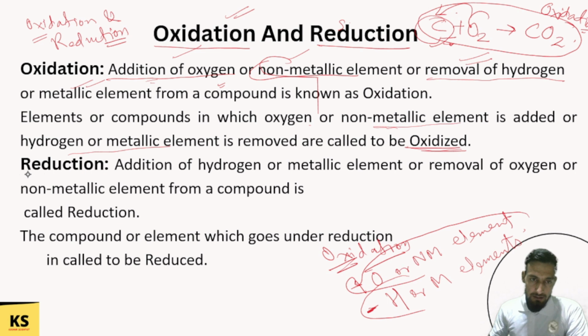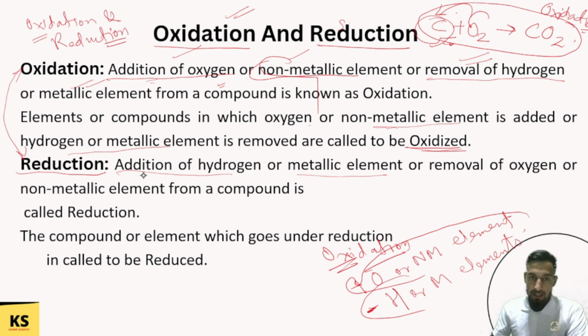And coming to what is reduction, we will be taking examples too, don't worry about that. Reduction is actually, we can say, the opposite of what? Oxidation. In reduction, we say either addition of hydrogen or metallic element. In oxidation, we said what? Addition of oxygen or non-metallic element.